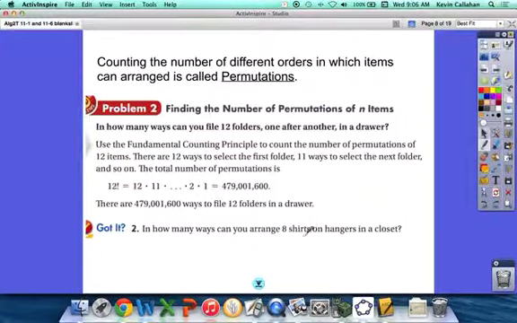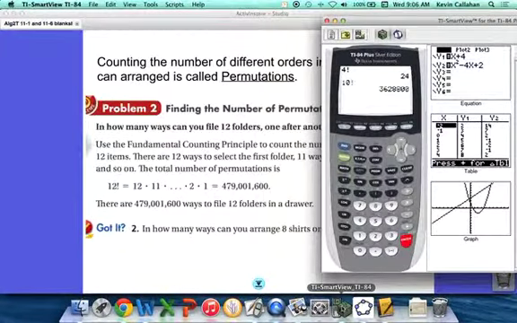In how many ways can you arrange 8 shirts? What would be the math? What is it?